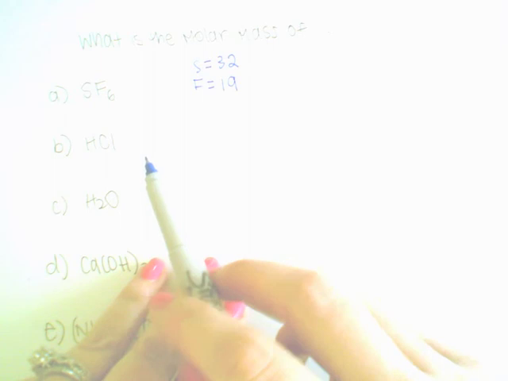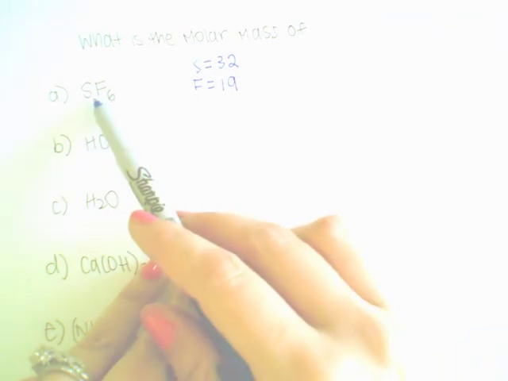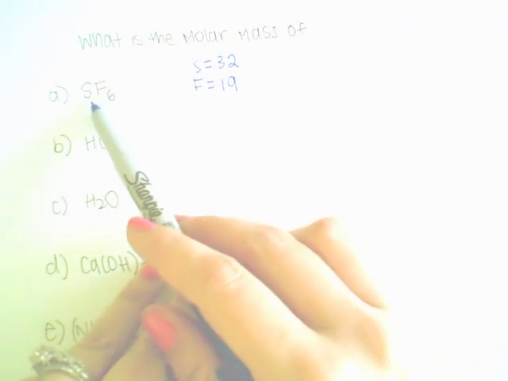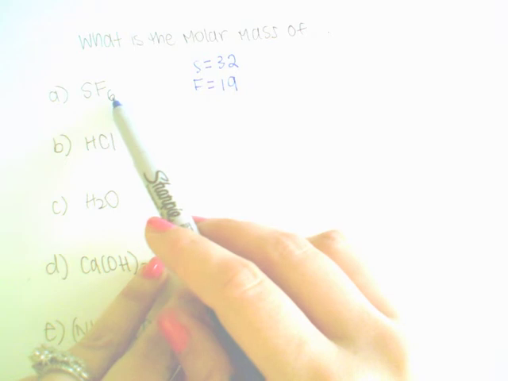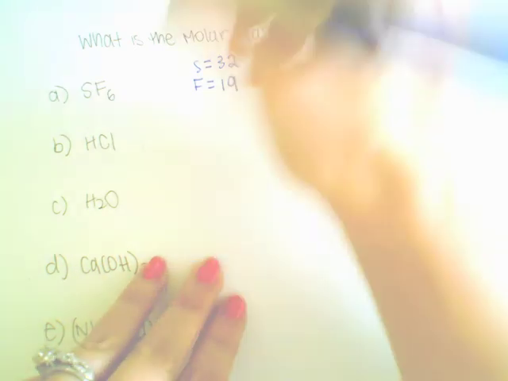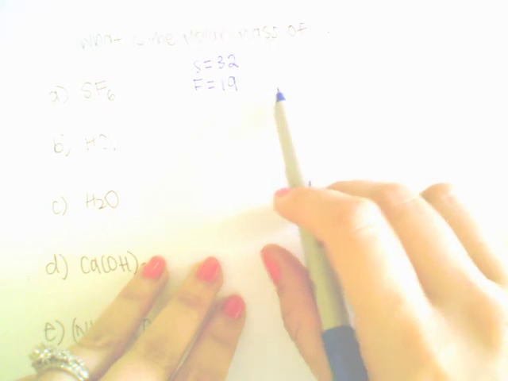Now, I have one sulfur. There's nothing there, so I can assume that's 1. Fluorine has a subscript of 6. So what this means is we have 6 fluorine. So instead of writing 19 plus 19 plus 19 plus 19 and so on, let's call it 19 times 6.